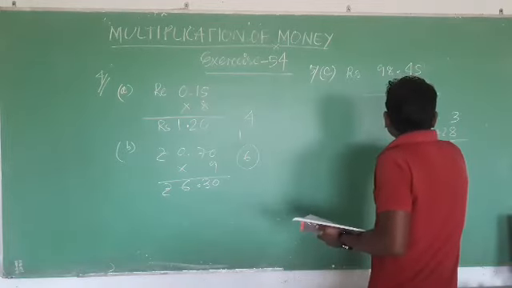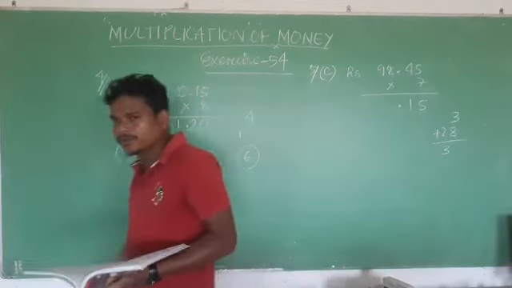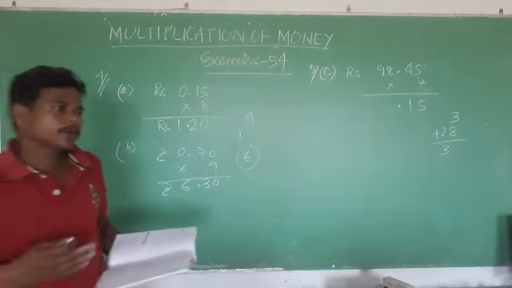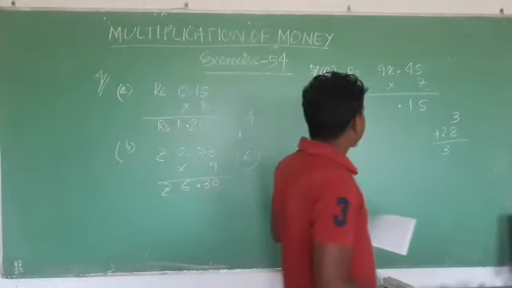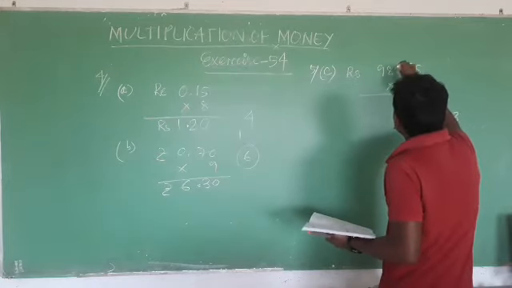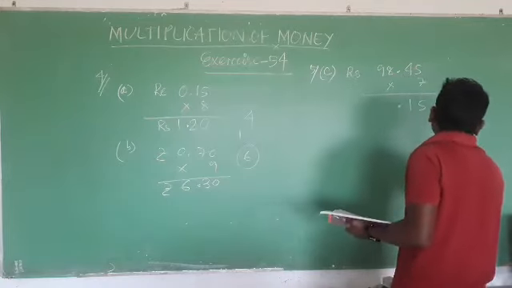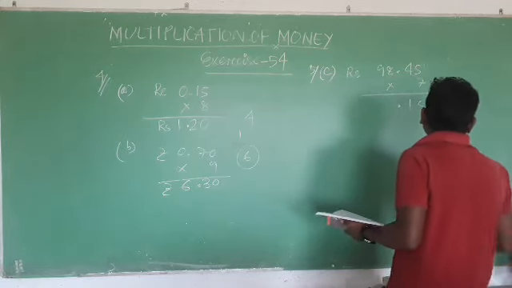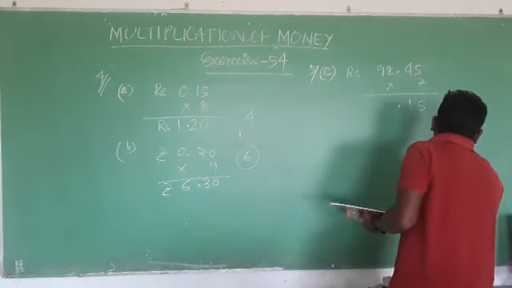Then the point will be coming, because after 2 places the point will be there. Point will be there in the same place. I always told you, and again I am telling. 7 8 how much? 56. 7 8 is 56 plus carry 3, that is equal to 59.